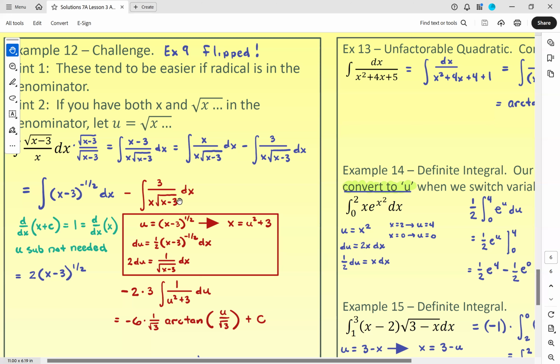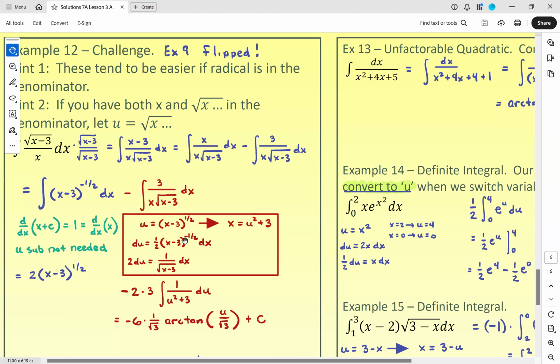For the first time, I am going to include the radical itself as part of my definition of u. So in this case, u is going to equal square root of x minus 3, or as I've written it here, x minus 3 to the 1/2. Why does that work? You will see very shortly, because when I take a derivative here, I get x minus 3 to a negative 1/2.